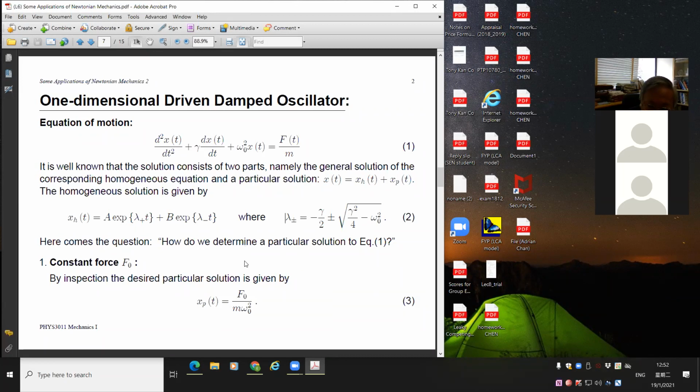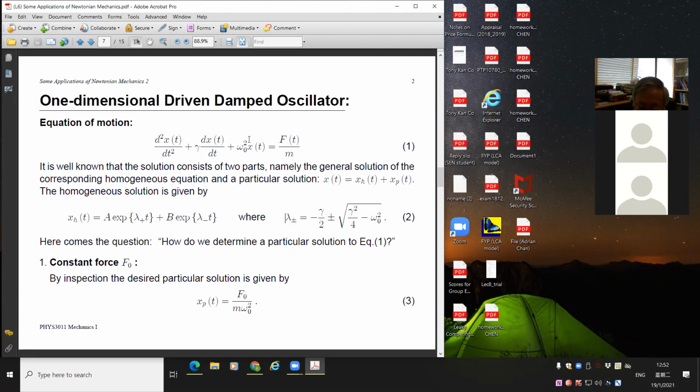The toughest part is how do we get a particular solution to equation 1? It depends on the given F(t). Say, for example, if we have a constant force, then it is trivial. If x(t) is a constant, then these two terms will vanish.